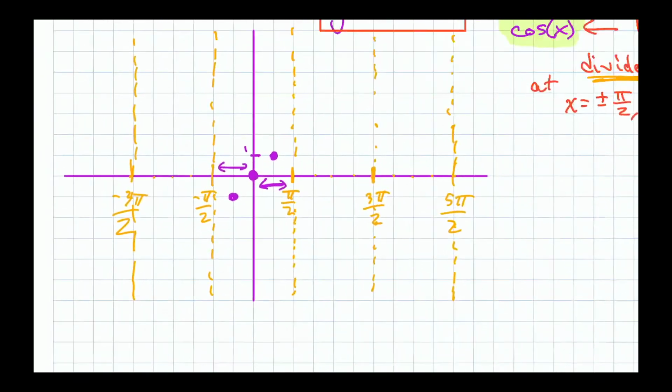And in between, what it does is this. So it's kind of got what should be a 45-degree angle, and then it curves up, does that. Same thing down there. And then it just does the exact same thing in every one of these boxes.